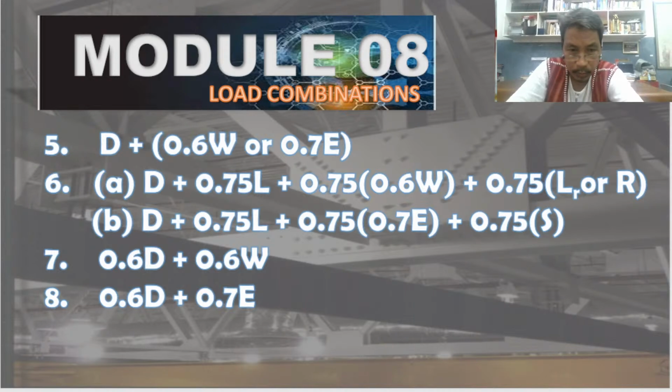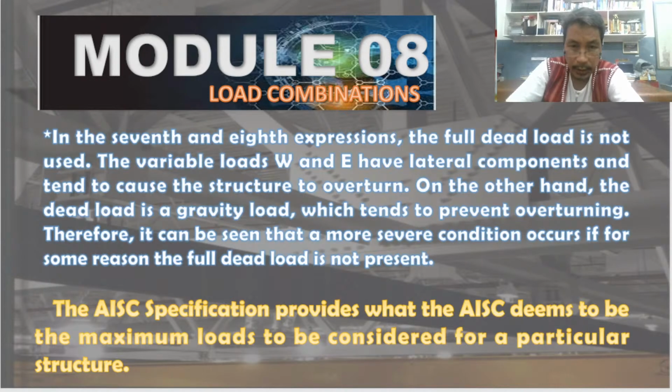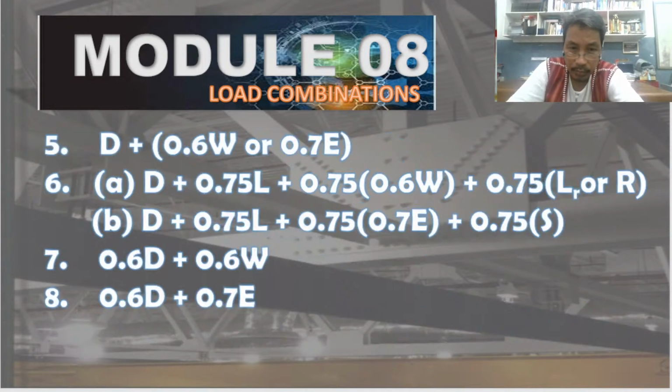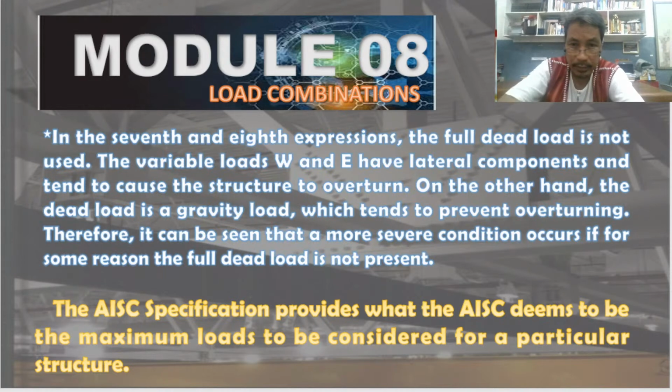So let us proceed with the comments and explanation. In the 7th and 8th equations, the full dead load is not used. What is used? There is no full dead load, meaning only 0.6, only 60% of dead load is used. Why? The variable loads, wind and earthquake, have lateral components, and tend to cause the structure to overturn.